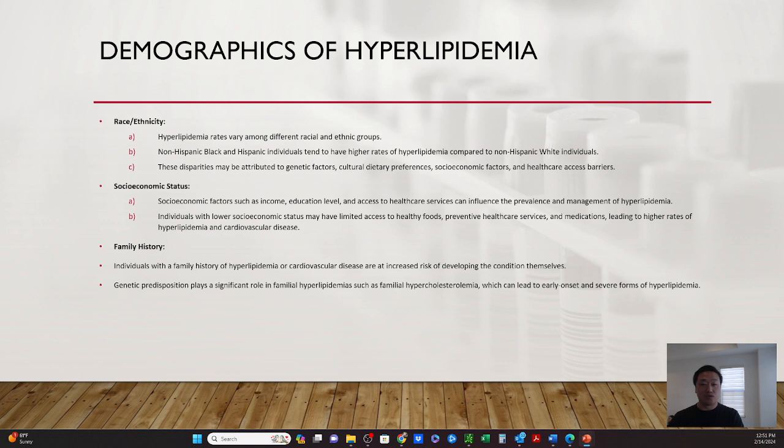And lastly, if you have a family history, as I mentioned before, then you're more likely to have this problem, unlike other families who don't have this in their genes.